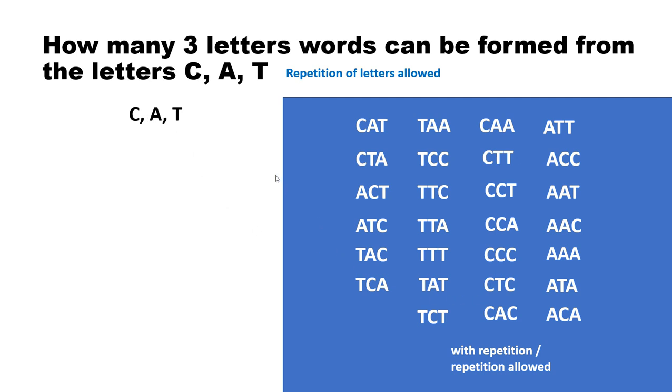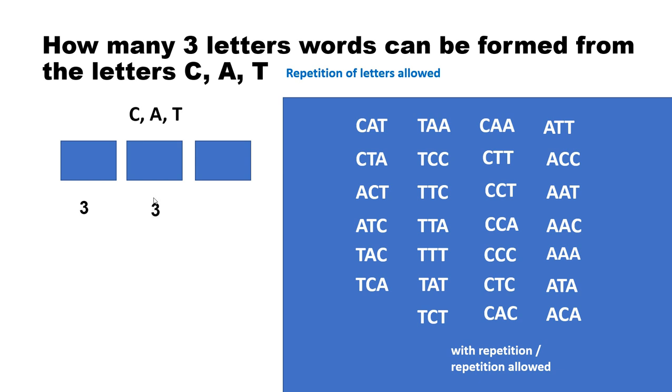So now let's confirm that with the box method. Since it's a 3-letter word, we have written 3 boxes, and for the first box we have to choose one of these, so it would be 3. We have 3 ways of choosing one of these here, and for the second one also we can choose one of these 3 because repetition is allowed.